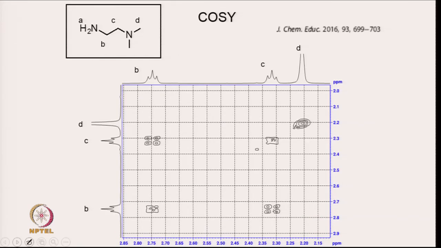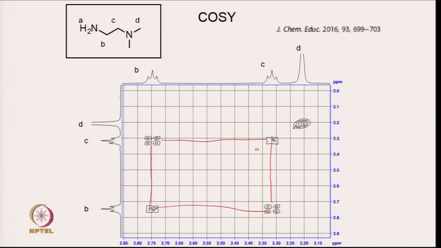Then if you go and take COSY, you will get this kind of COSY, this is DQF-COSY, and now you can see the correlation. So, if you look at this cross peak and put horizontal lines and vertical lines, now you know that these two peaks are correlated.